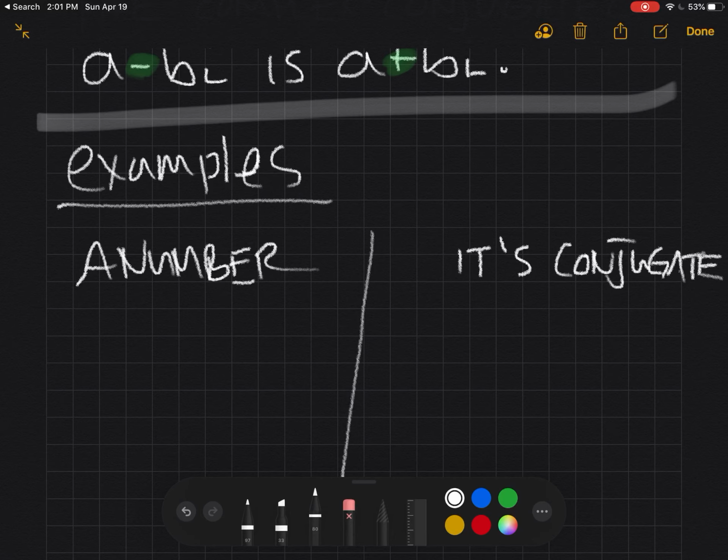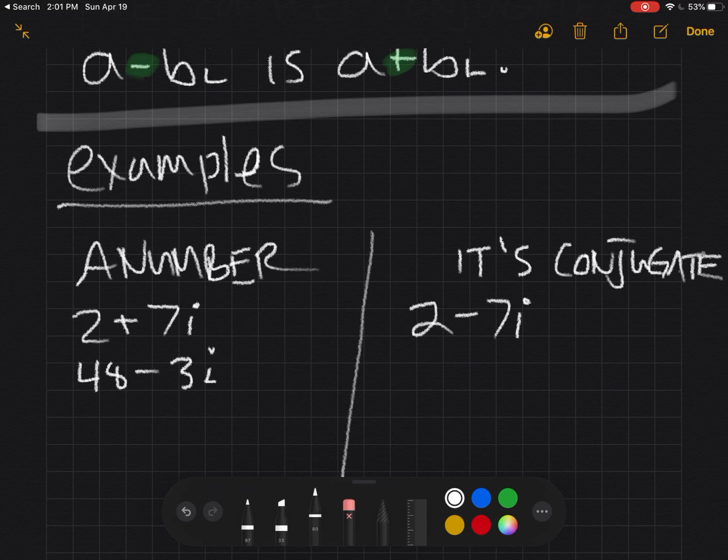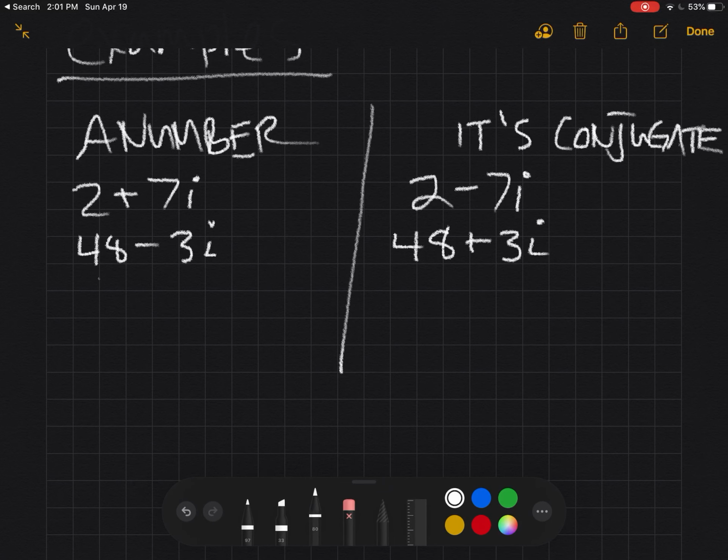So here's some examples. Here's a number on the left and its conjugate on the right. So if I have 2 plus 7i, the conjugate is 2 minus 7i.